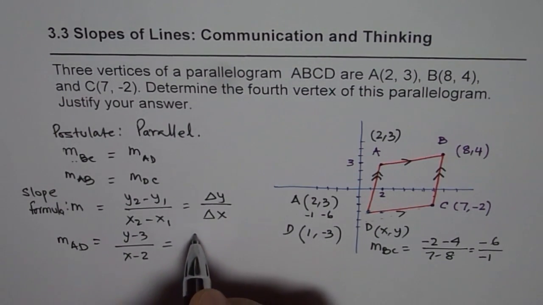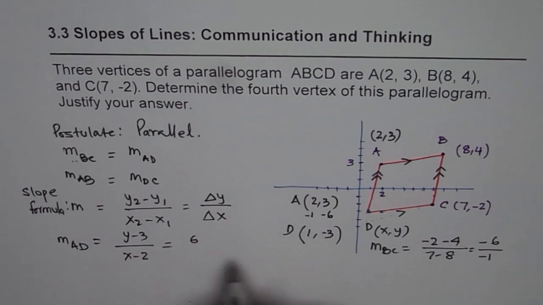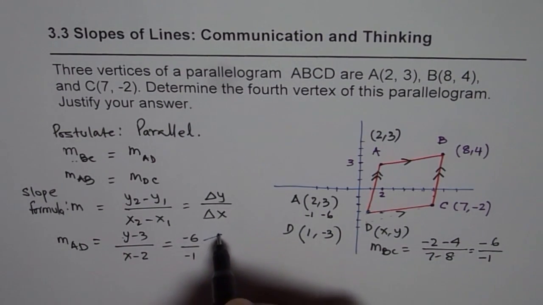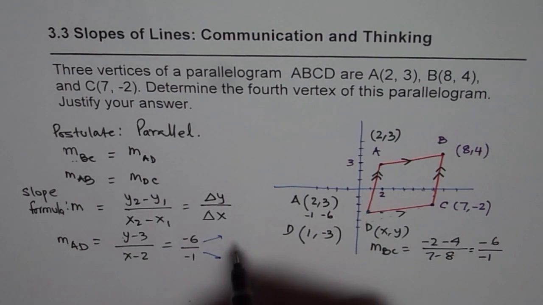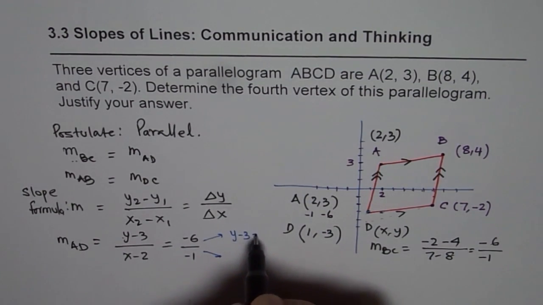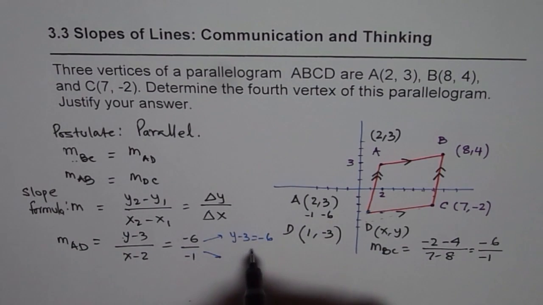So y minus 3 is -6 only if y is -3. From here we get 2 equations. The first one is y minus 3 equals -6. From here we get y equals -3.